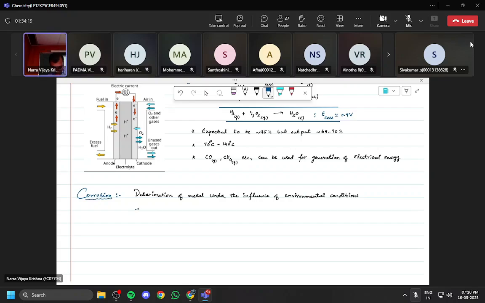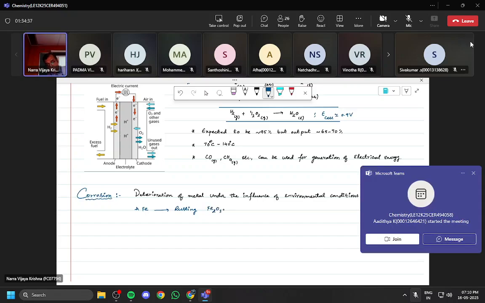If it is iron metal that converts into iron oxide, we call that process rusting of iron. In case of iron, we call it rusting. So what will you get? You will get iron oxide, Fe2O3.xH2O.